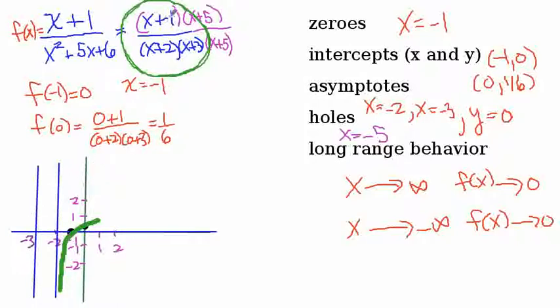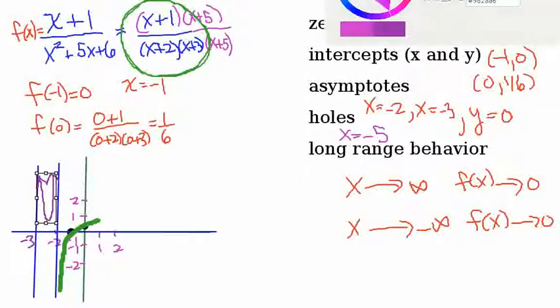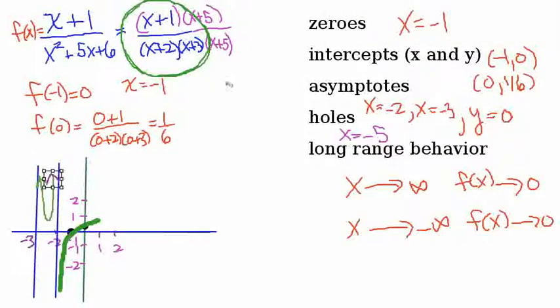At minus 2.5, the top would be negative. The bottom, I would have a negative times a positive, so that's going to give a negative on the bottom, making the whole thing positive. So it's going to be something like this. Let me switch that to green. All right, so there you have that part, and let's keep going.